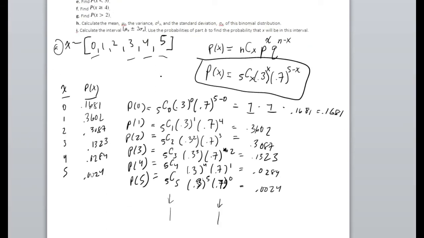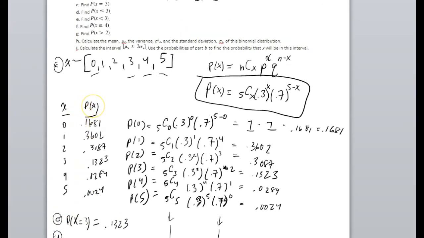That's super easy because we calculated almost everything already. We know the probability of x equal 3, and that is 0.1323.